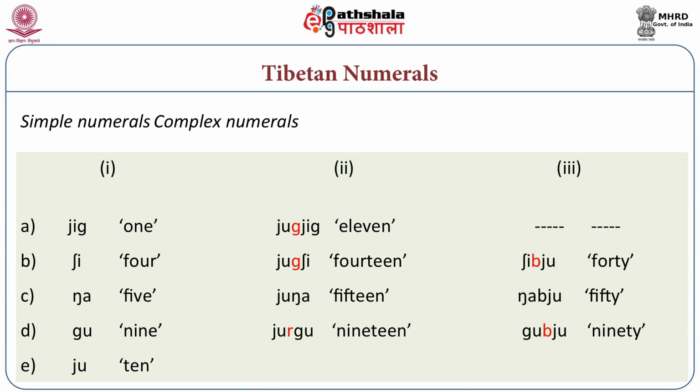And if we think that the ending consonant is deleted, then we have yug yig, yug shi, and yur gu, ra is deleted, you have gub yu and shib yu. So, we have the consonant at the end of the preceding stem which is deleted.